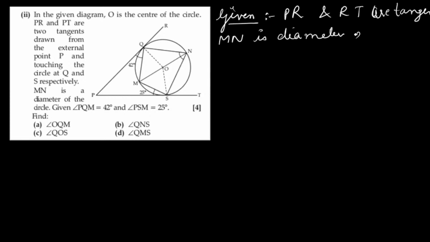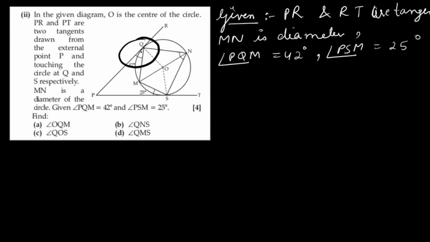Other than this, the given angles we can write: angle PQM is equal to 42 degrees and angle PSM is equal to 25 degrees. Here you can see, I'll just highlight. This is PQM, so this angle is 42 degrees, and here we have angle PSM, so this is 25 degrees. These two angles are given to us.